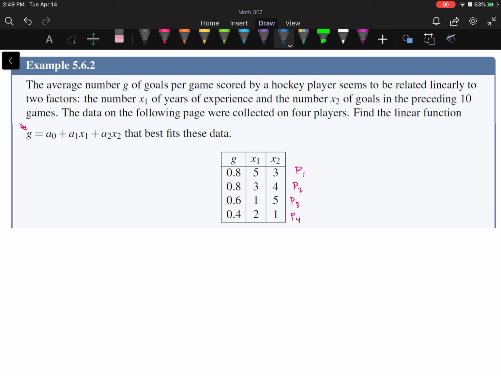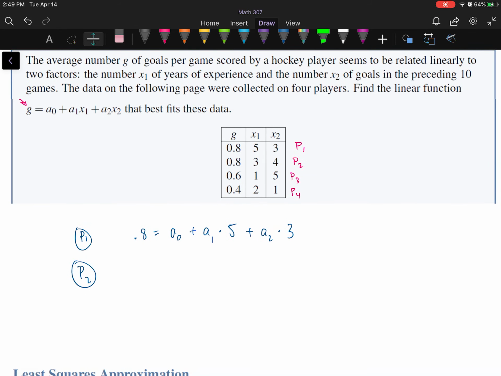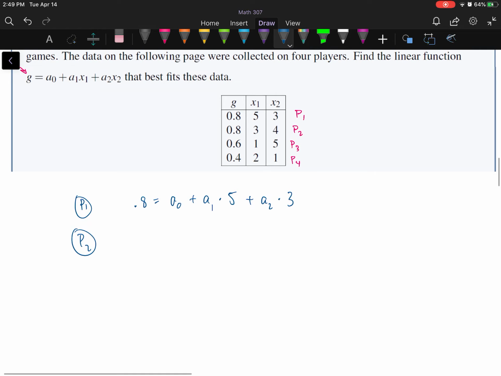So if we were going to make an equation for player 1, that equation would look like 0.8 equals A0 plus A1 times x1, which is 5, plus A2 times x2, which is 3. I'll do player 2, and then I'm probably not going to do the other ones for the sake of time.